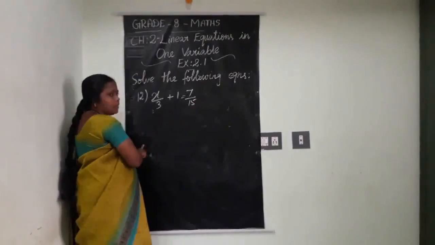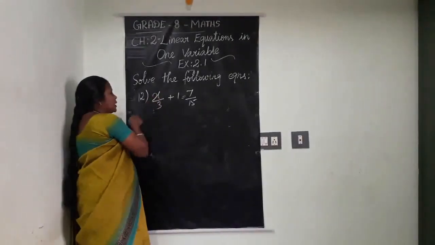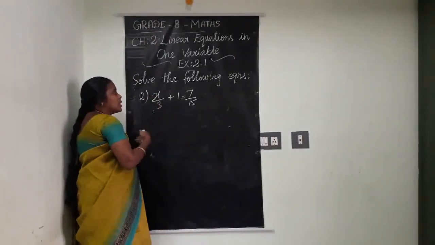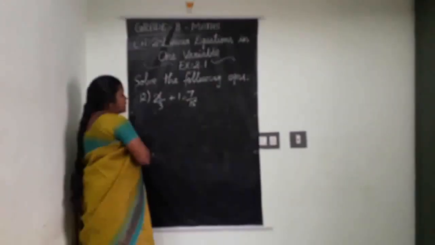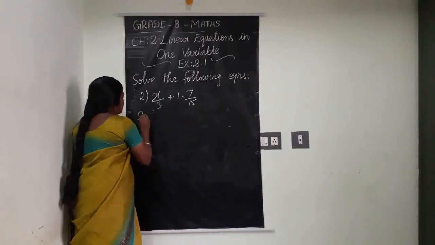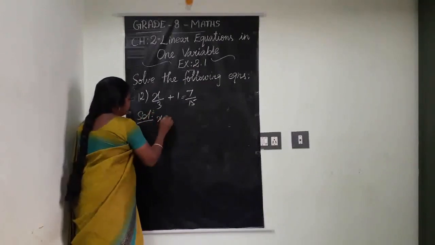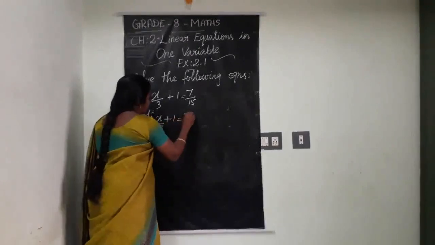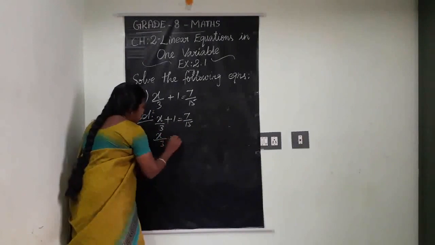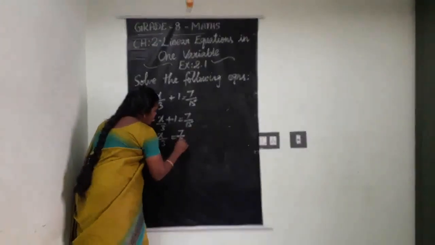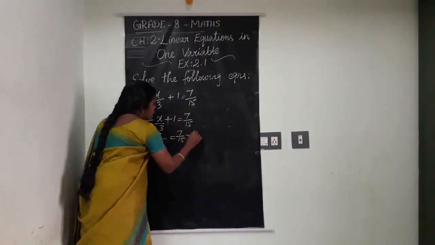Two terms are coming. I want the x term only at the left hand side. So which part am I going to eliminate? Eliminate is nothing but shifting. Which part? Plus 1 only. How does it come? If we shift that plus term, it comes as 7 by 15 minus 1.